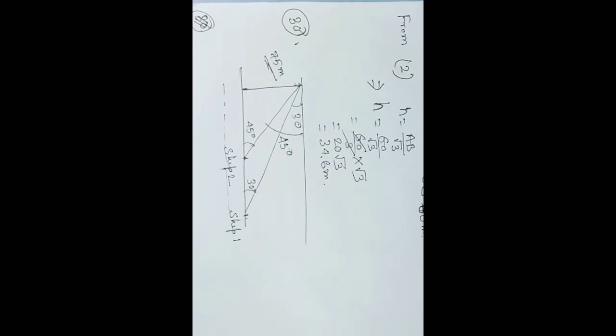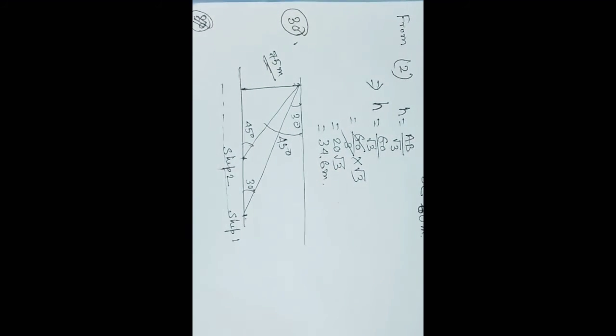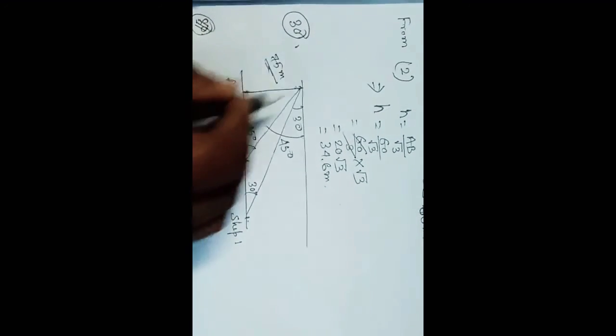We have to find the distance between them. This is question number 30. Exactly behind the other, the lighthouse. We have to find the distance between the two ships. So if we name it A, B, C, D, we have to find CD.